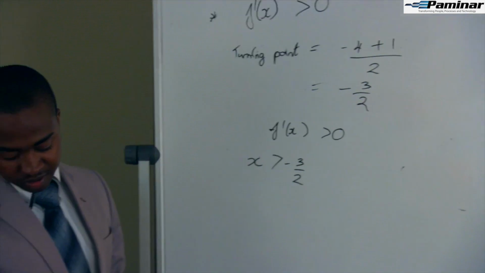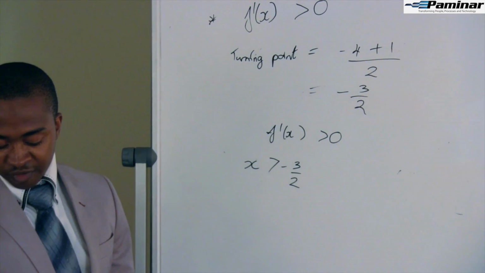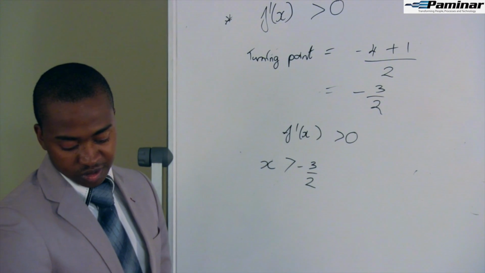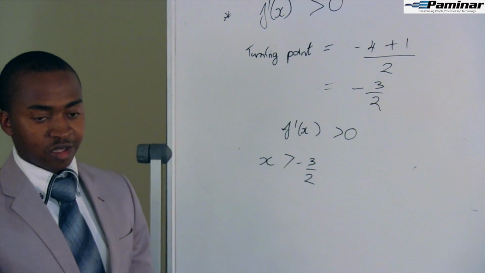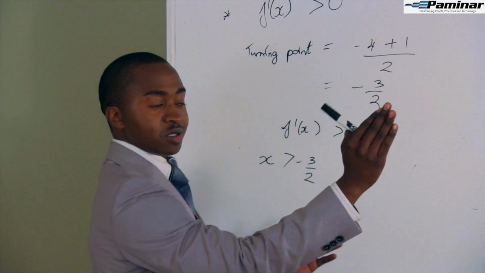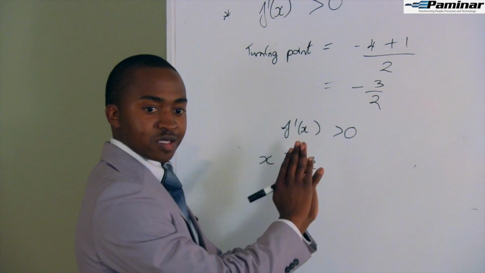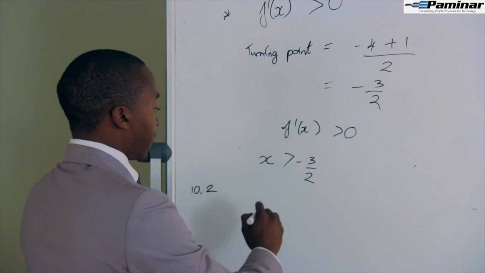10.2 says, at which value of x does the graph of f have a local minimum? Give reasons for your answer. In order to do this, you have to look at your graph.